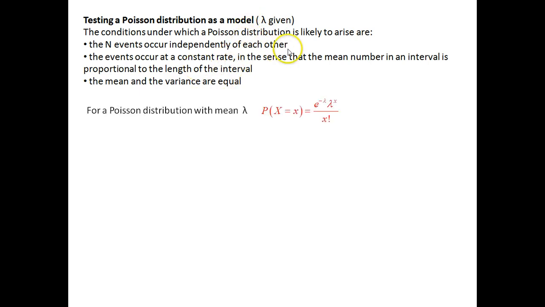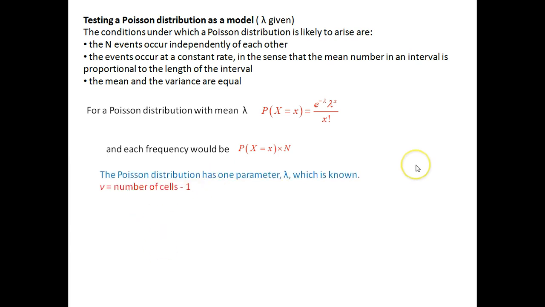Our formula for the probability of x equal to each little x is e to the minus lambda, lambda to the power x over x factorial, and we multiply that by n to get the frequency of each value. The Poisson distribution has one parameter, lambda, which is known, so our degrees of freedom would be the number of cells take away 1.